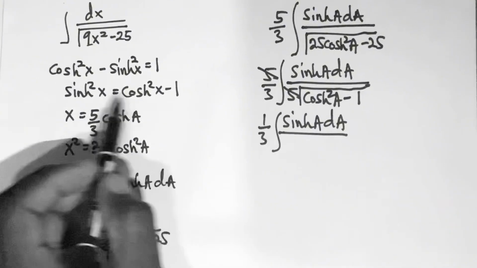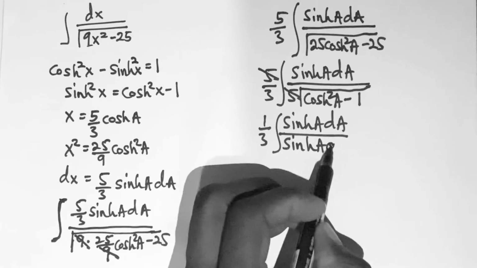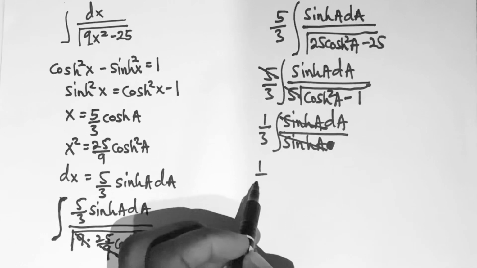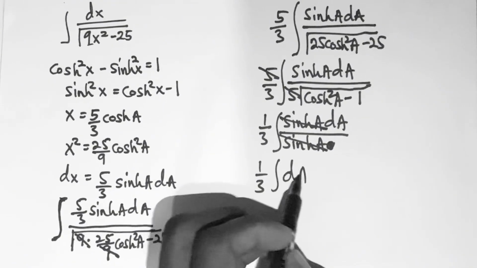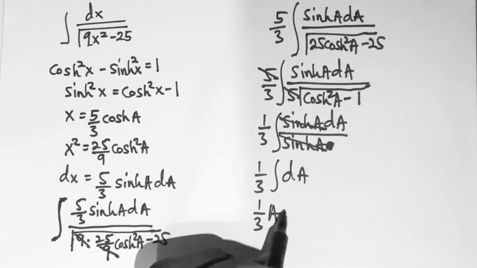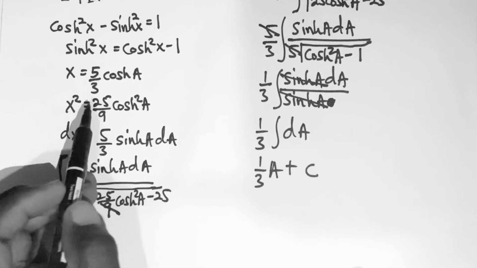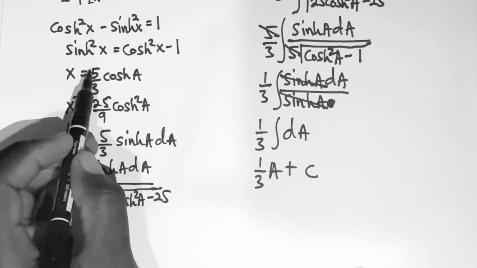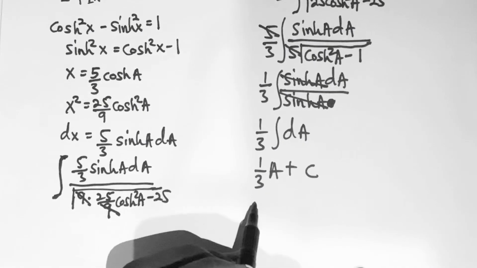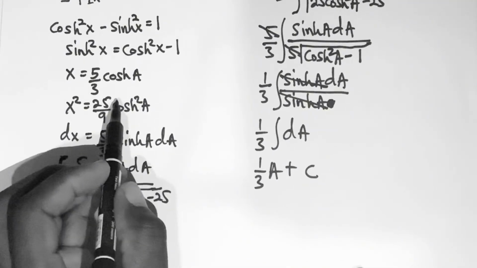But square root will cancel the square, and therefore you'll be left with hyperbolic sine A. So this hyperbolic sine A will cancel this one. So the integral becomes 1 over 3 integral of dA, and that is equal to 1 over 3 A plus the constant of integration C. Nonetheless, we said that x is equal to 5 over 3 cos A. So it implies that A is cos inverse of 3x over 5.